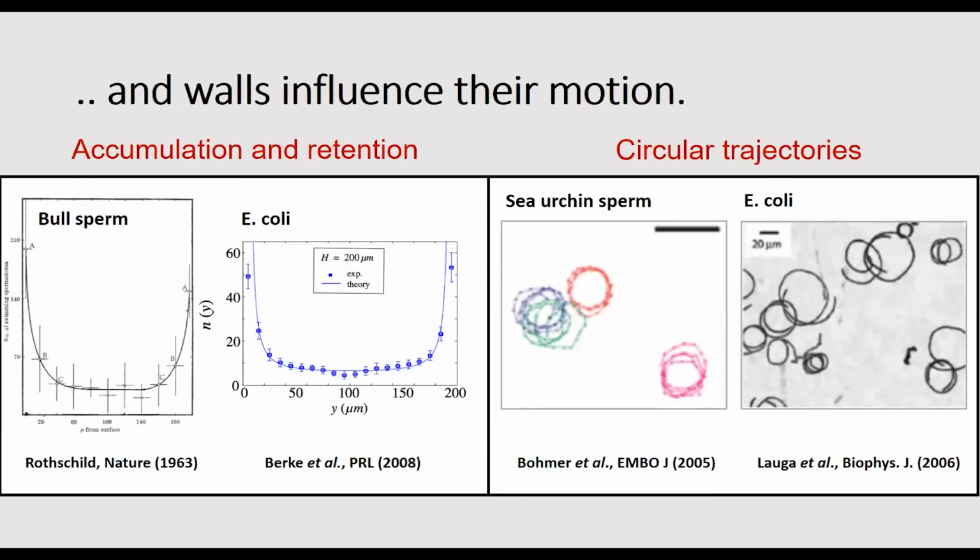For example, by causing accumulation and retention on their sides, but it's also known that walls can significantly modify the trajectories of the swimmers. For example, bacteria like E. coli, when they move in the bulk, typically perform a run and tumble type of motion. However, when they move near a wall, they swim in circles. In fact, the boundary condition on the wall influences the direction of motion.